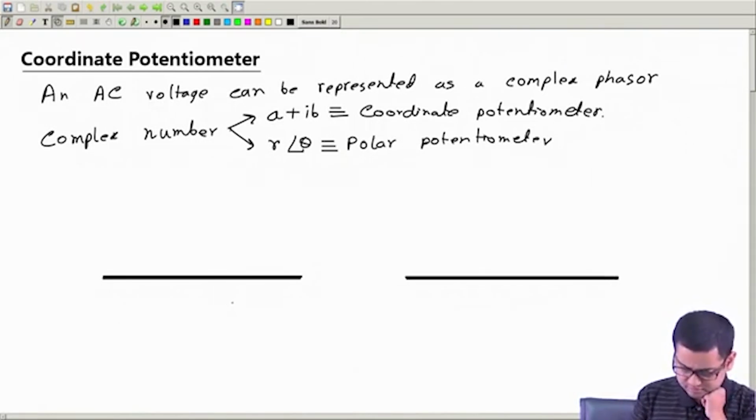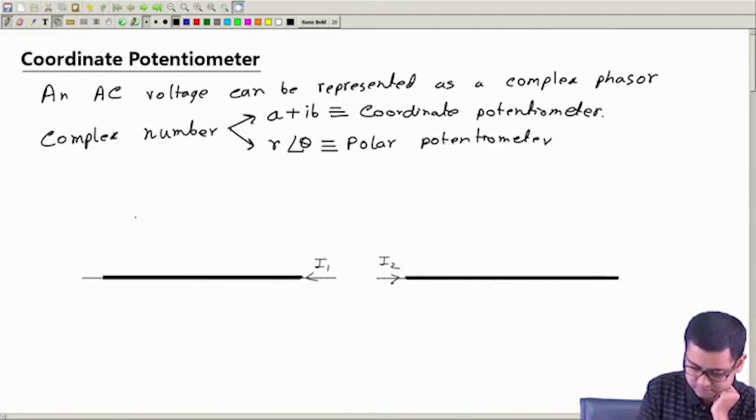Now, the way we will do it is this. We will apply two voltages, of course, two AC voltages, one here, another here, in a way so that these two currents, say this current and this current, call them I1 and I2, are at 90 degrees phase angle. Okay.